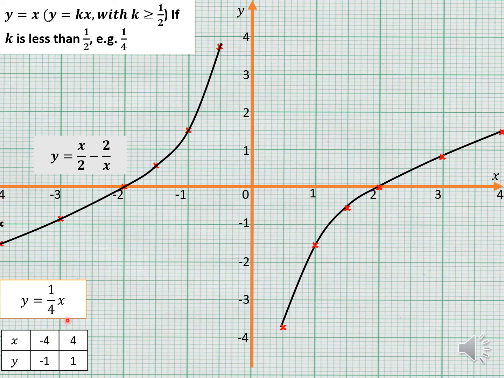When you plug in 4 there, you get 1, which is somewhere here. You can already see that the moment you start drawing a line there, it will start intersecting with the graph, and therefore it will not work. So our particular graph should be y equals x, or some number in front of the x besides 1 that is obviously greater than a half.